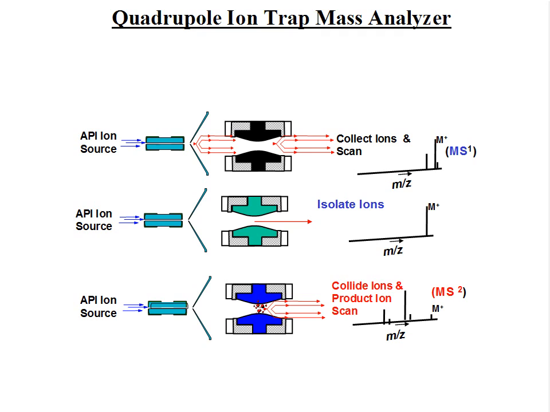So you can now fragment ions at different energies and get fragments that can be scanned out to get an MS2 or fragment ion spectrum or product ion spectrum. This allows you to isolate ions one after the other, fragment them, and gain fragmentation or structural information.